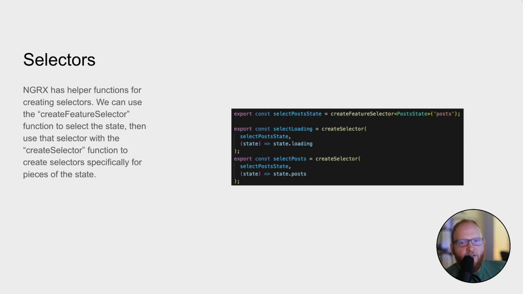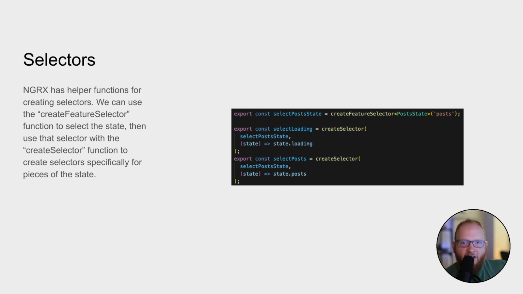So for the selectors, there's a helper function so that you create the feature selector to get, so notice that name posts, that's the same name as the name that we registered the reducer for. So the selector is going to get from the global state the posts section of that state, and then for any other subsequent selector, it's easier to grab the posts state and then use that to grab whatever piece of state off of the posts.